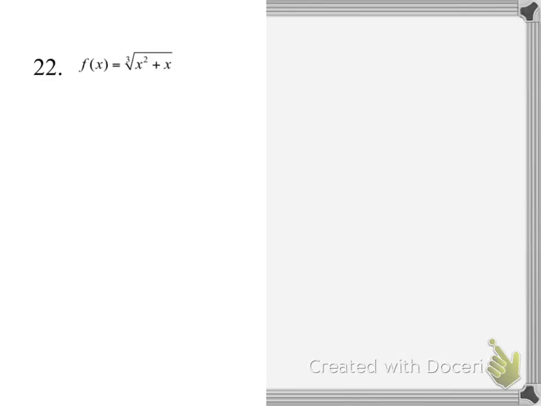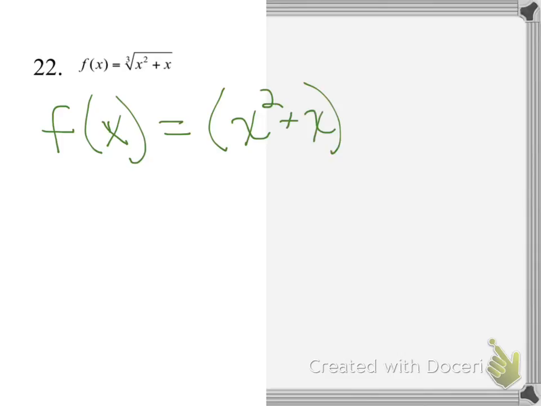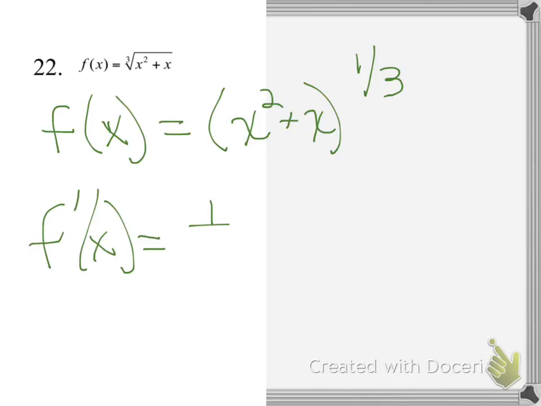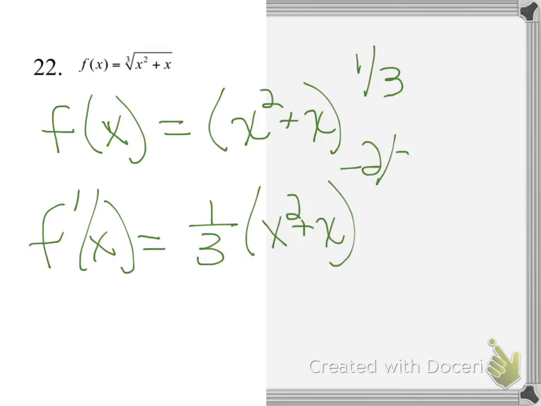Okay, in problem 22, the first thing I'm going to do is rewrite it so that it's in a form that I can take the derivative. So use parentheses, x squared plus x. That's raised to the 1/3 power. Now take your derivative. 1/3 (x squared plus x), 1/3 minus 1 is negative 2/3.